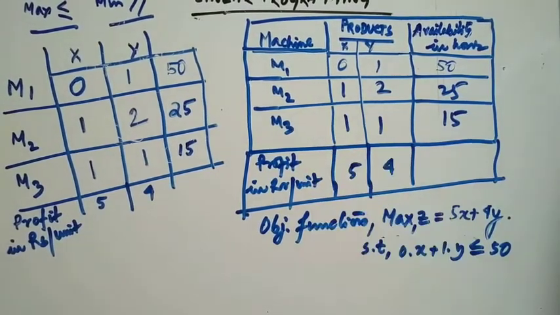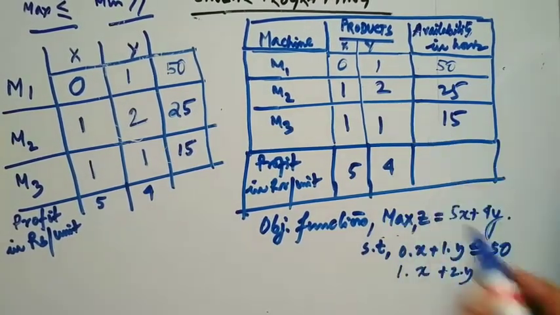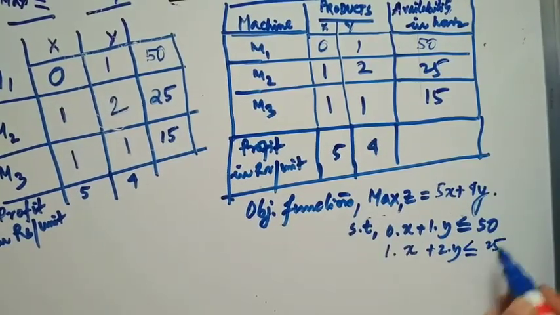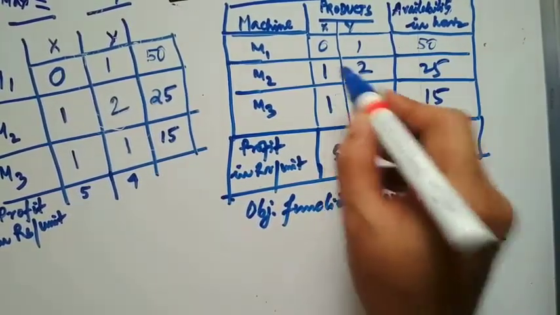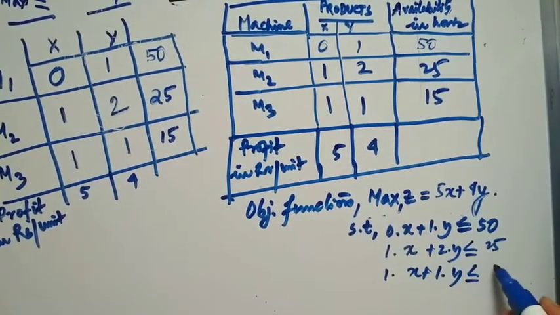Second one, for machine M2 will be 1 into x plus 2 into y, less than or equal to 25. For this one, 1 into x plus 1 into y should be less than or equal to 50.